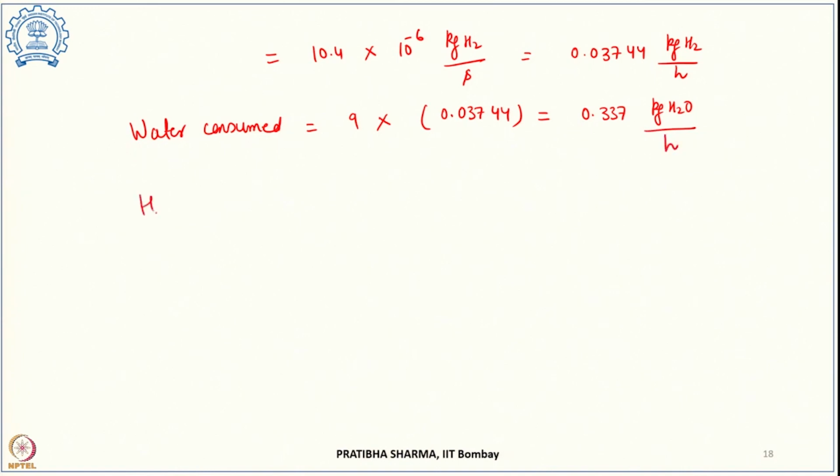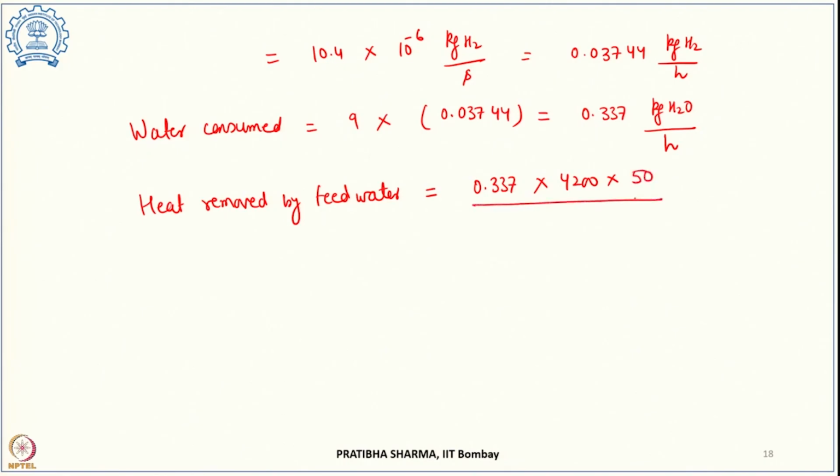So, the heat which will be removed when this much feed water is fed is given by m Cp delta T. So, mass 0.337, Cp is given as 4200, change in temperature is 50 degree, and we will have to convert it into watt.